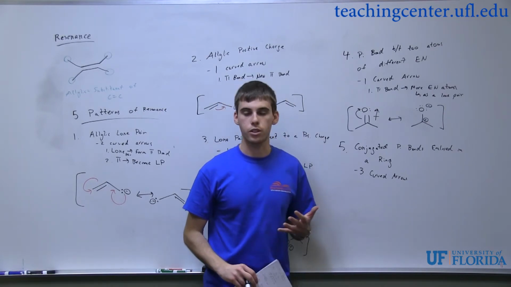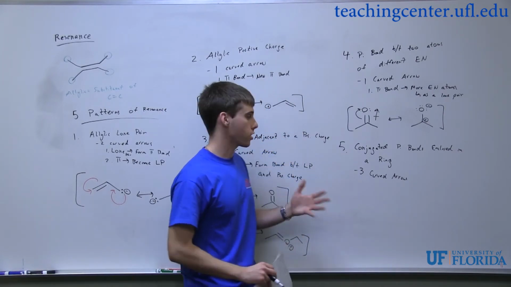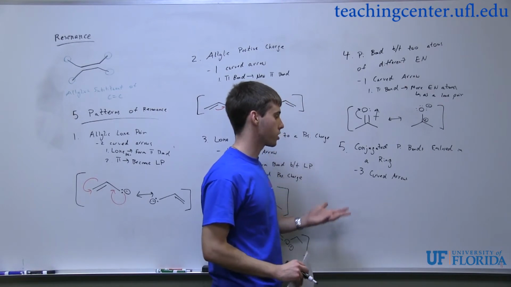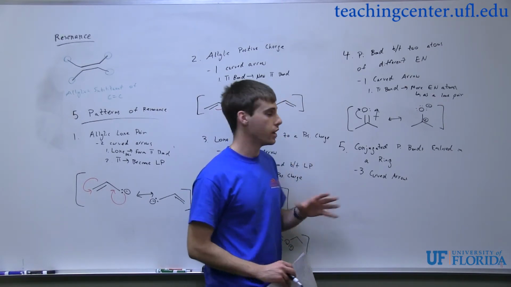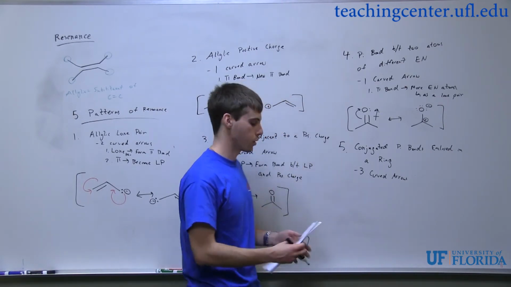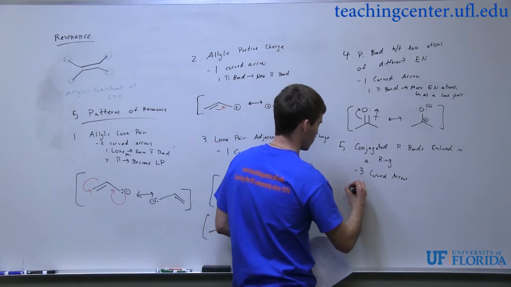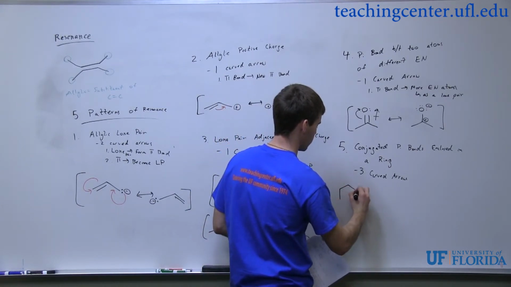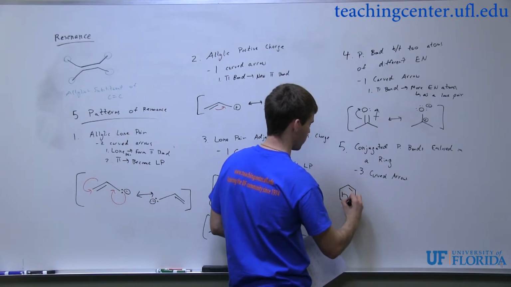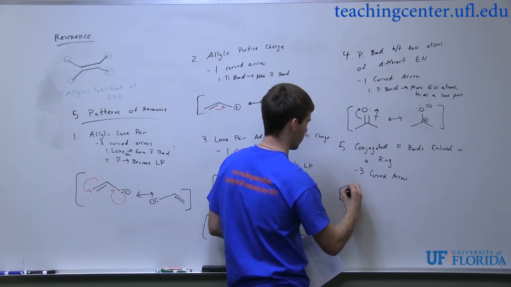This is not something you're going to see a lot in this class. Next semester, this concept becomes really important, because this conjugation, this aromaticity, is what makes benzene rings really, really stable. So we would just draw that like this, the 3 arrows.